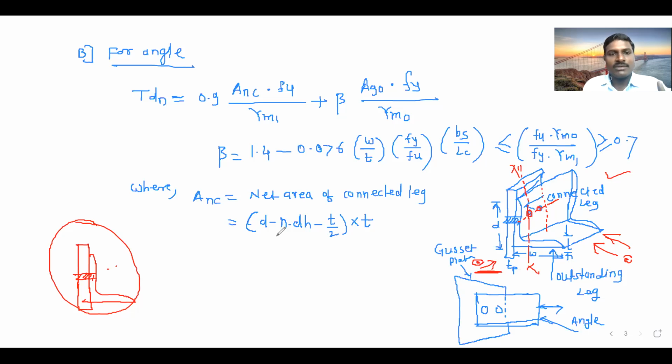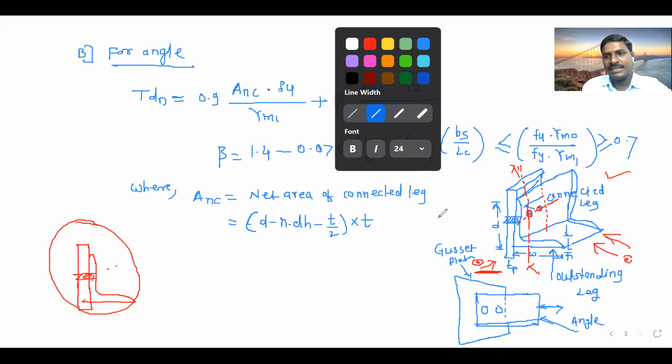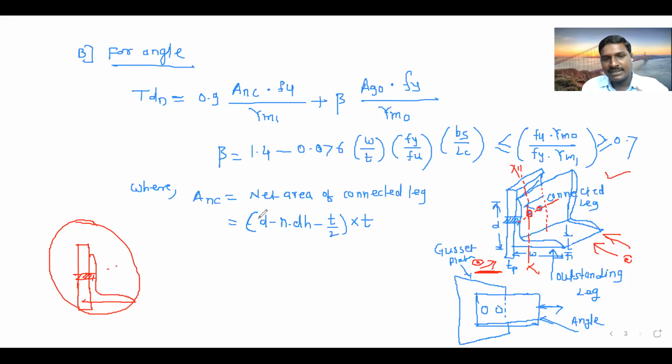Okay, so now we come to this formula. D is the depth of the connected leg, correct? D minus, okay. Now here N into Dh. So now here N, what is N? Number of holes?